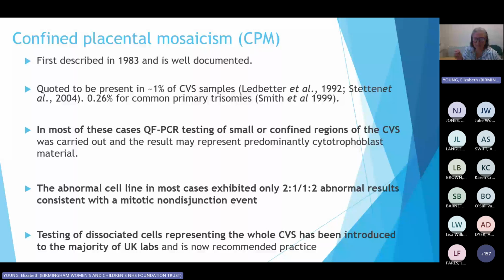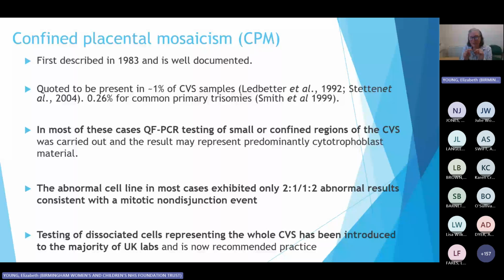So if you imagine you've got this mass of cells in the placenta, and you're only testing a very small part of it, you might just by misfortune pick up the area of the placenta that has acquired a trisomy. And interestingly, when the testing's been done by QF PCR, we've shown that these CPM false positives, the cell line exhibited a 2-to-1 ratio, not the 1-to-1-to-1 ratio. And I'll show you why that's important in a minute.